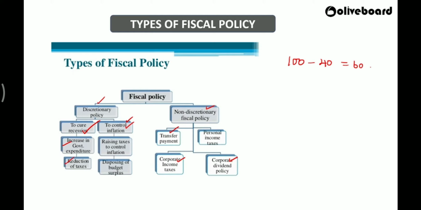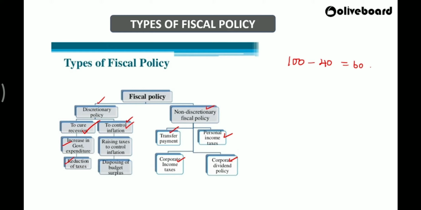Automatic stabilizers. So personal income taxes, all these are already there. In that, they will make certain changes, certain amendments, keeping in mind what? Economic stability. They wanted to maintain a certain level of inflation, or reduce the inflation, or the country is in a downturn and they wanted to make it better.